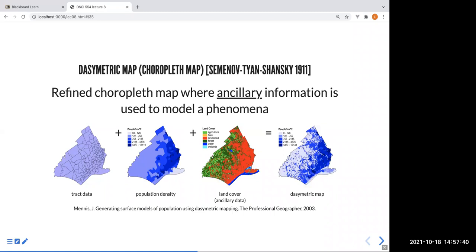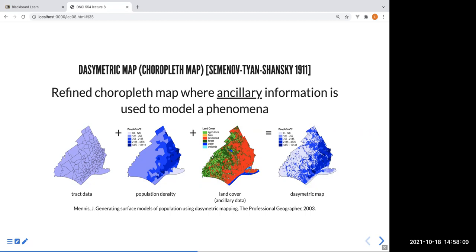If you have some information about the area, then you can refine your estimate of the spatial extent of the data and end up with a better resolution map than you would have just using some subdivision that is related to the data you have as input.